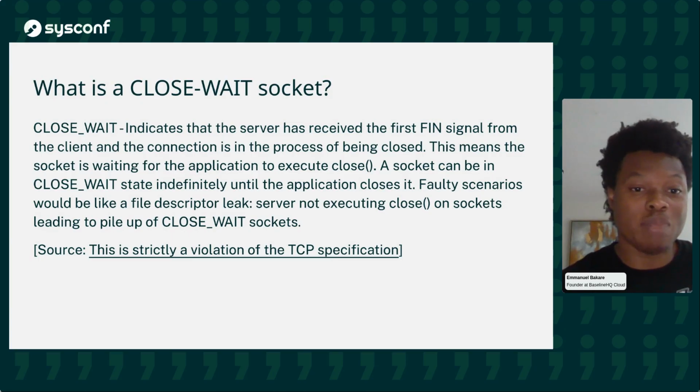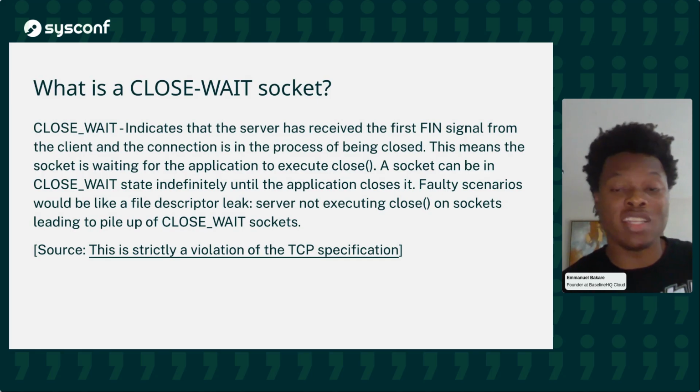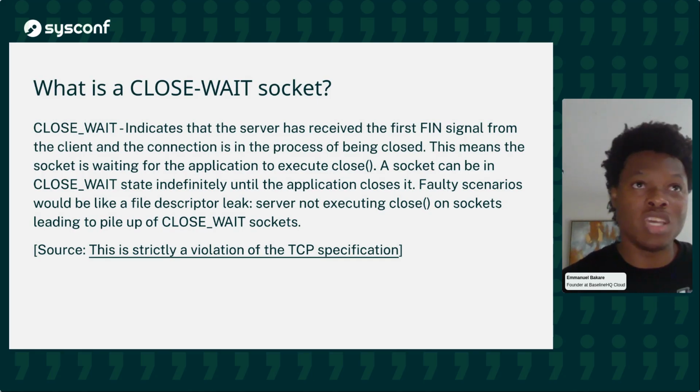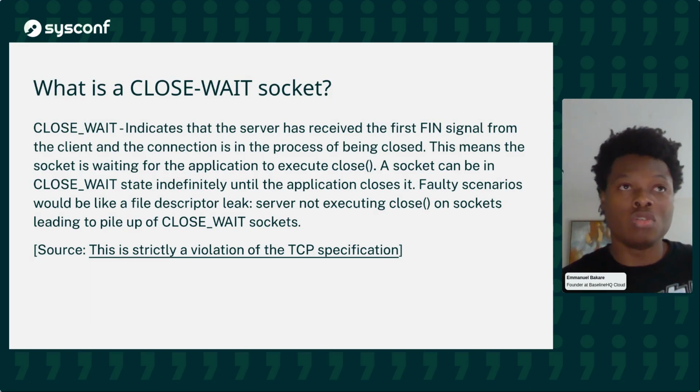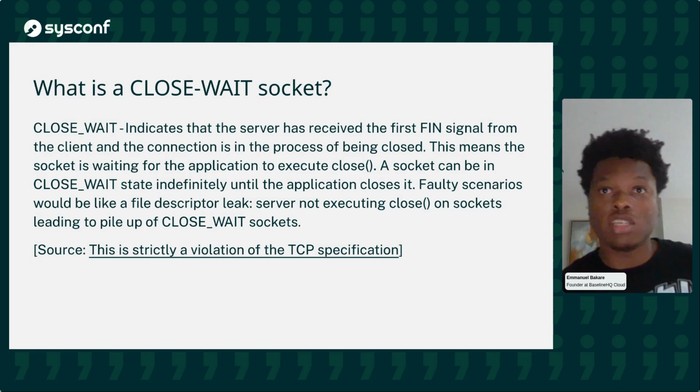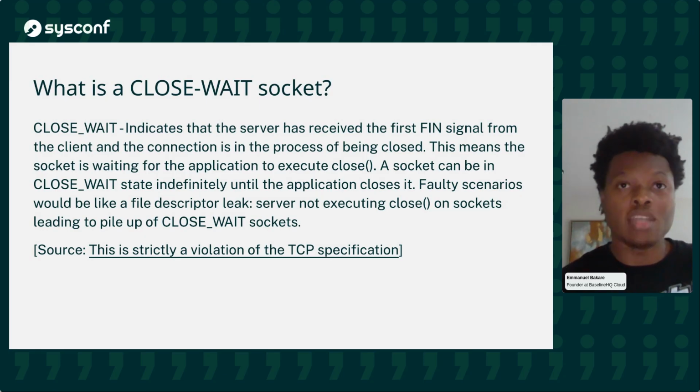CLOSE_WAIT sockets happen when the connection comes in and then the server is like, I'm trying to end this. The client needs to tell me if it has ended. The client can no longer talk to the server, the server can no longer talk to the client, and for the server to close, it's passive. The client has to tell the server, you can go. And the server is like, I cannot get that message, so it just waits forever.